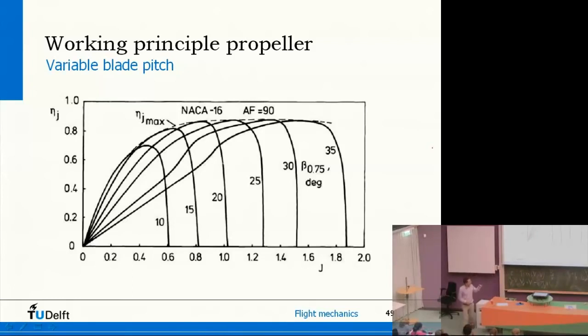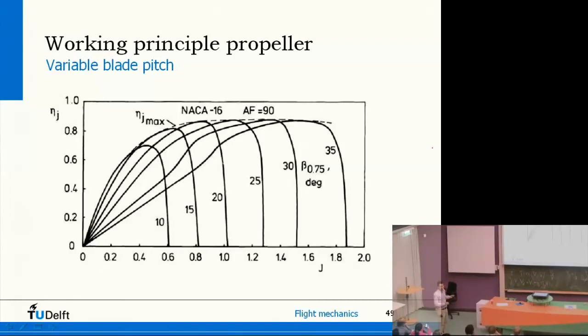So if J is 2, you're flying faster than J is 1. And what I've shown here are efficiency curves for different angles of this propeller blade. So you can imagine that you get the best efficiency at a certain angle of attack, because then you have the best lift over drag ratio. And this efficiency occurs at a different speed for each blade setting.